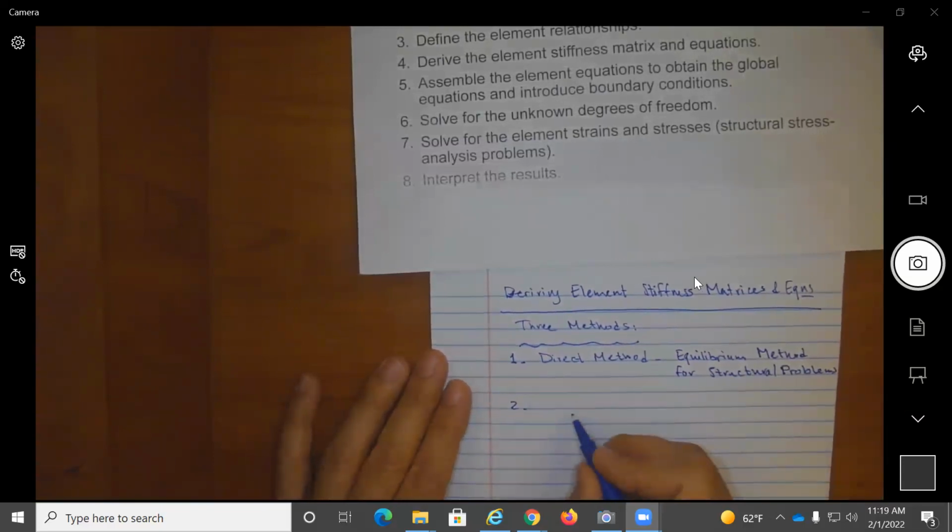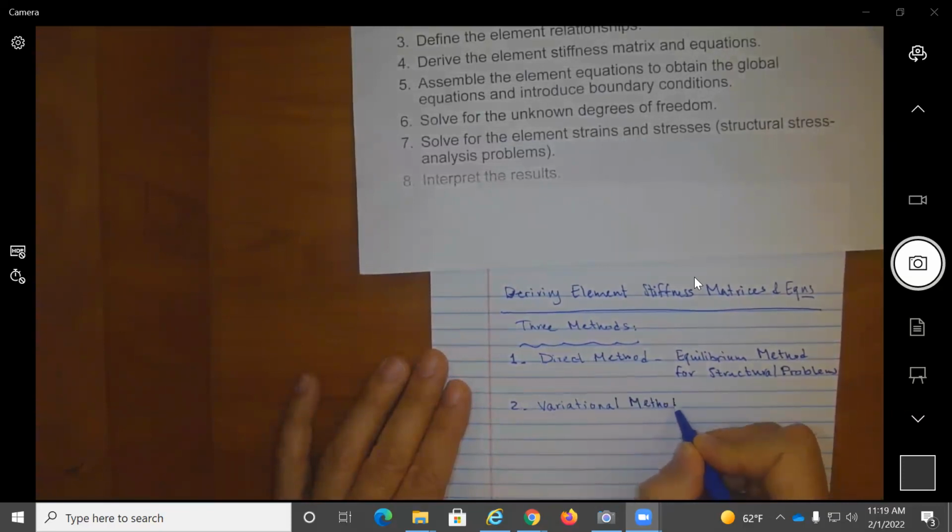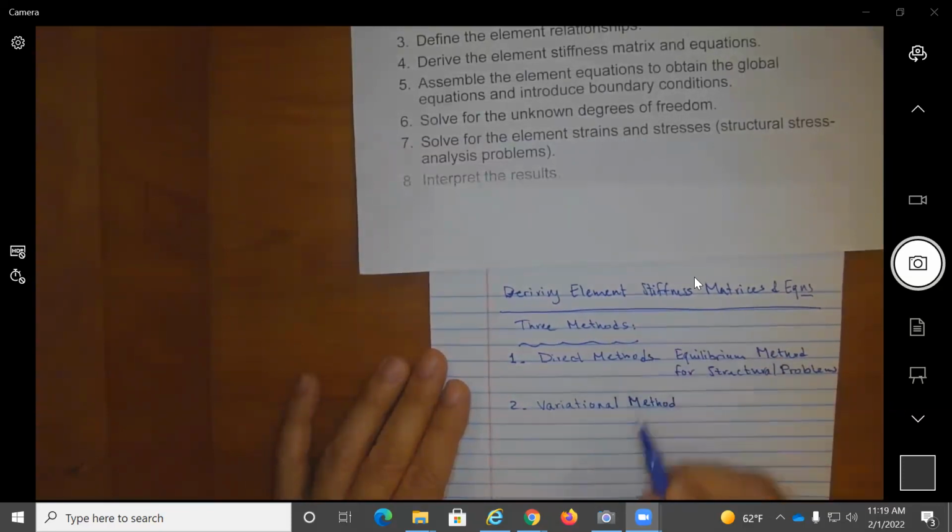Number 2 is the variational methods. Maybe I should put methods and methods. And for structures, we are going to use energy methods.